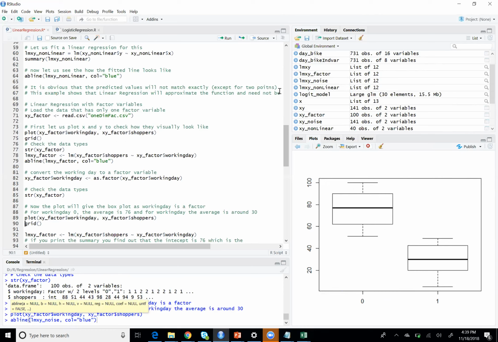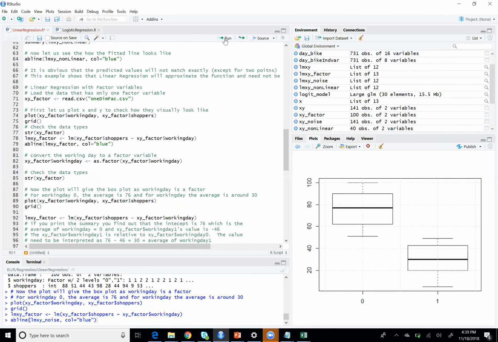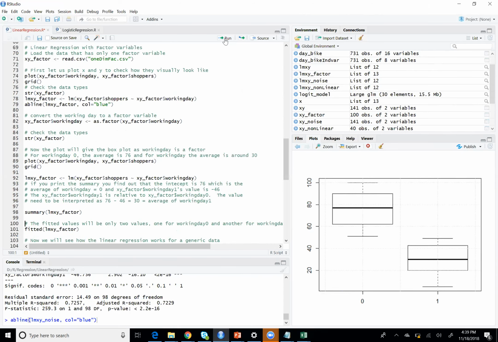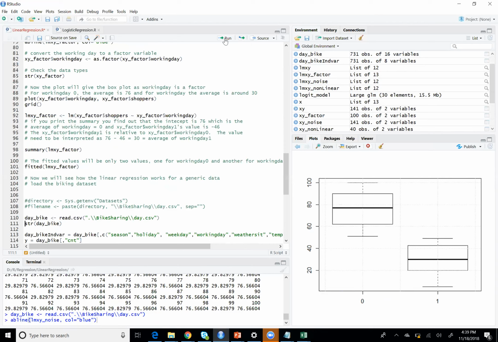Categorical, or in R, we call them factor variables. In Python, we call them categorical variables. If we run it for these, it will pass through the mean of both of them. So it fits the line and you can see how it works. Is this clear? If it is a factor variable, how does the linear regression look?